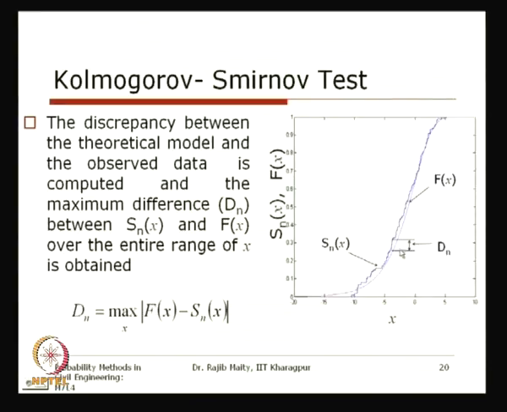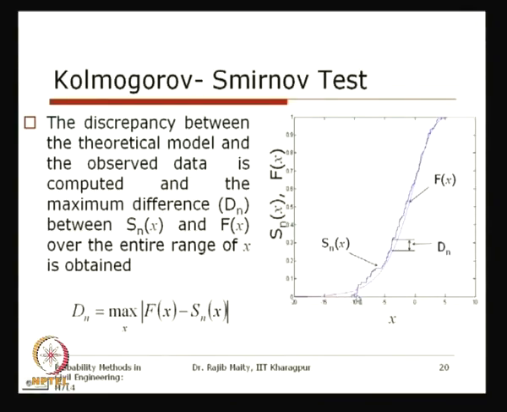Now you can see here for a particular point. This is the blue line that I have drawn, which is also a step function, and this pink one is the theoretical distribution. The difference between any point and the theoretical distribution is the difference between two things. What we have to pick up from this information is the maximum difference.